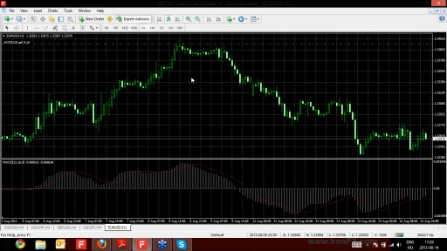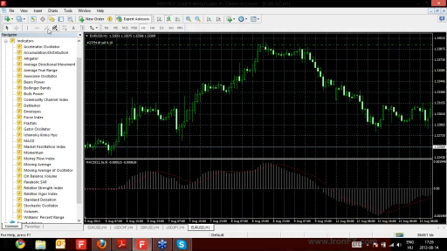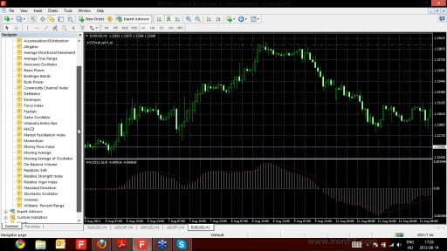Now, if we are here at the chart, I would like to put on some moving averages that we have discussed. So again, I'm going to the Navigator, here at the indicator section, and we're going to look for the moving average. Okay, here it is. In other platforms, it might be labeled as exponential moving average or simple moving average or whatever.